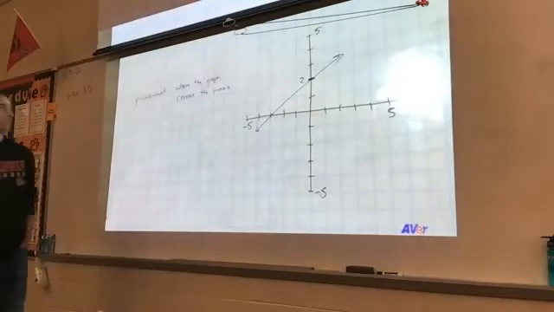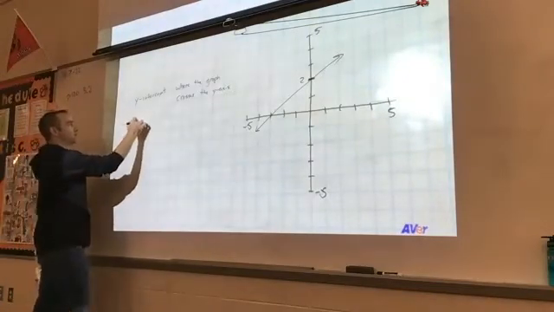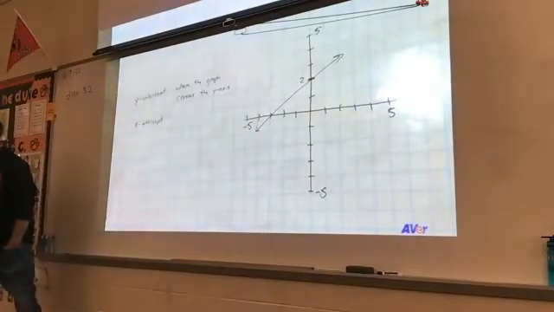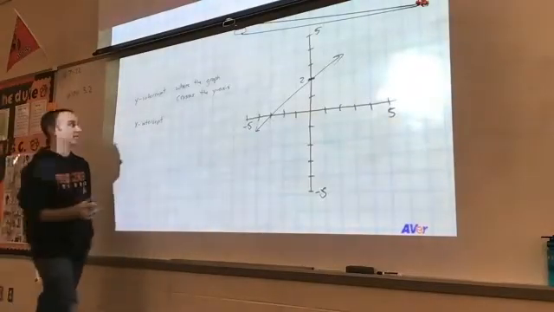Nice and easy. Being the bright young minds that you are, you could probably write down the definition of an X-intercept. The same thing, it's just where it crosses the X-axis. There you go. Write it down.